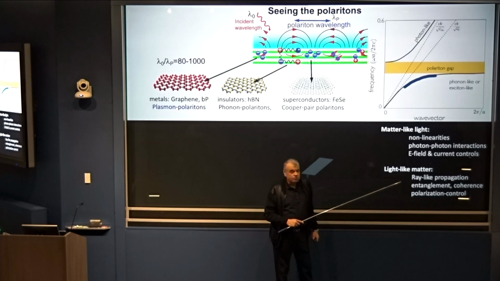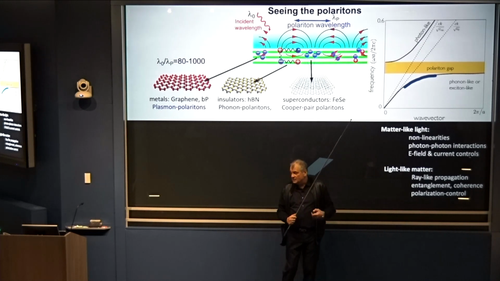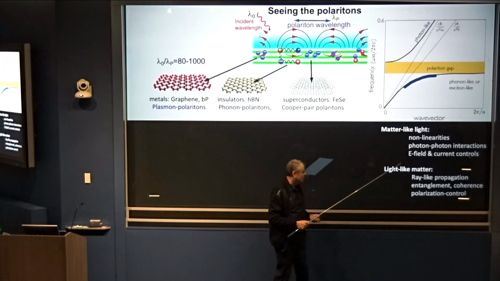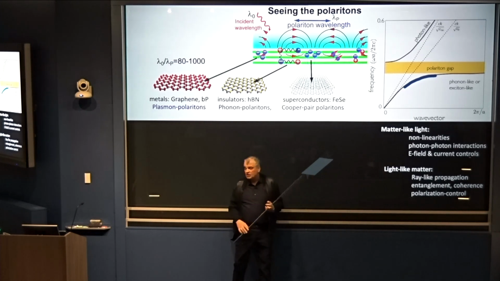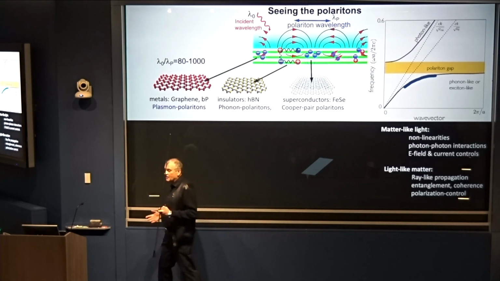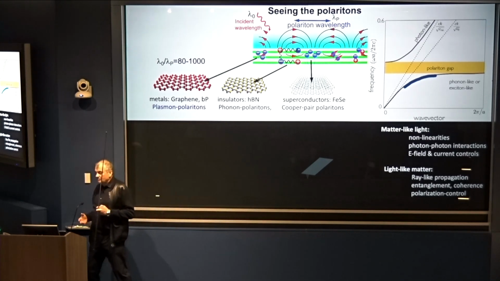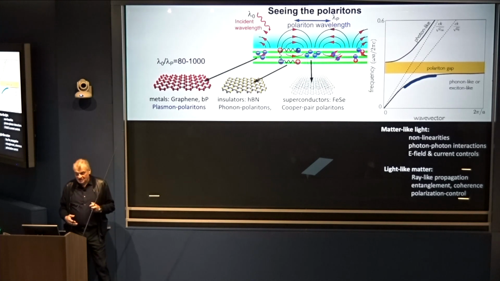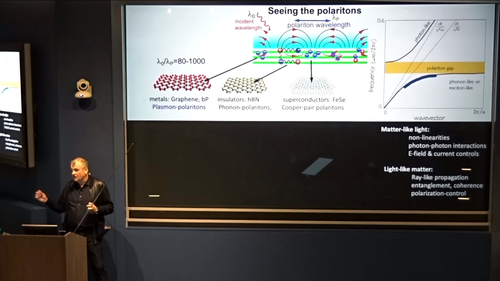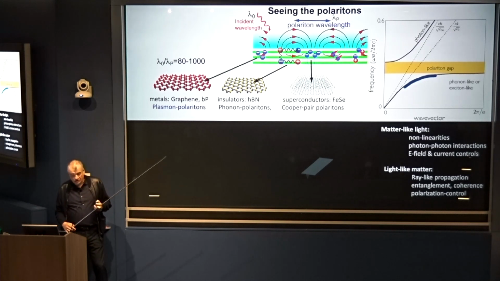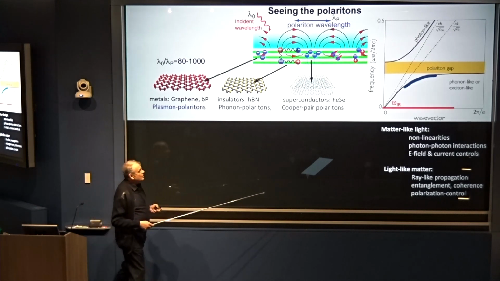These modes can propagate like rays following geometrical optics, even though the wavelength of these rays is deeply, deeply subdiffractional. They are amenable to polarization control, and they can show other properties associated with light, like entanglement, for example, if you use proper light sources to initiate these modes.